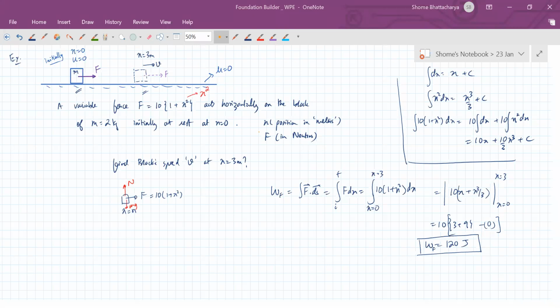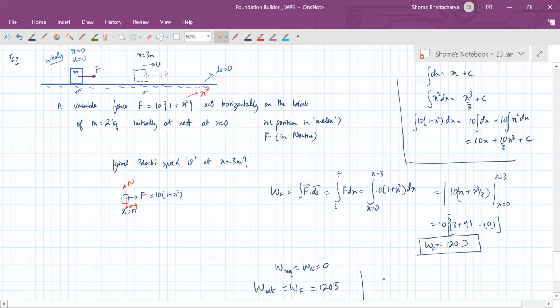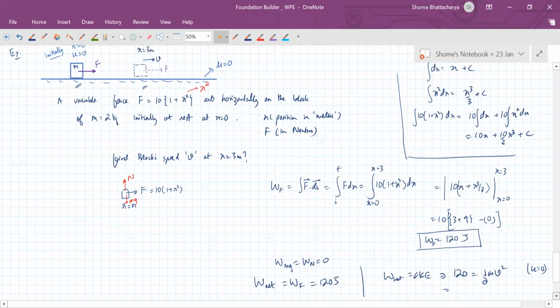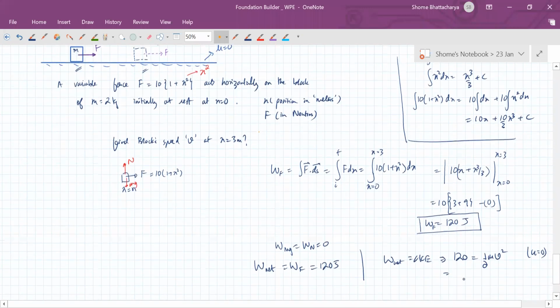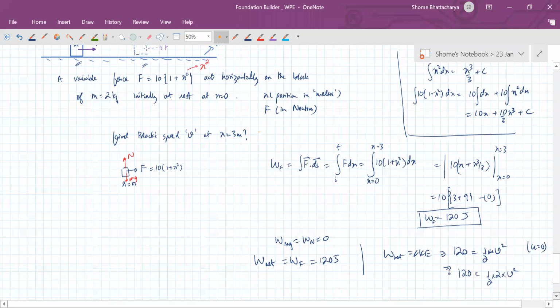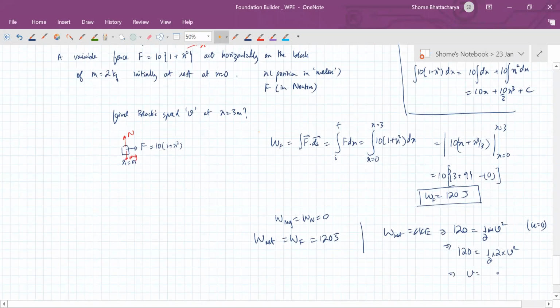So now we will use the work energy theorem. Now work done by mg and work done by normal reaction are 0. So net work done will just become work done by F only. Na? So that will be 120 joules. So net work done is equal to change in kinetic energy. So 120 will become half mv square because again u was 0. So 120 joules equals half into 2 kg into v square. So v will be square root of 120 in meters per second.